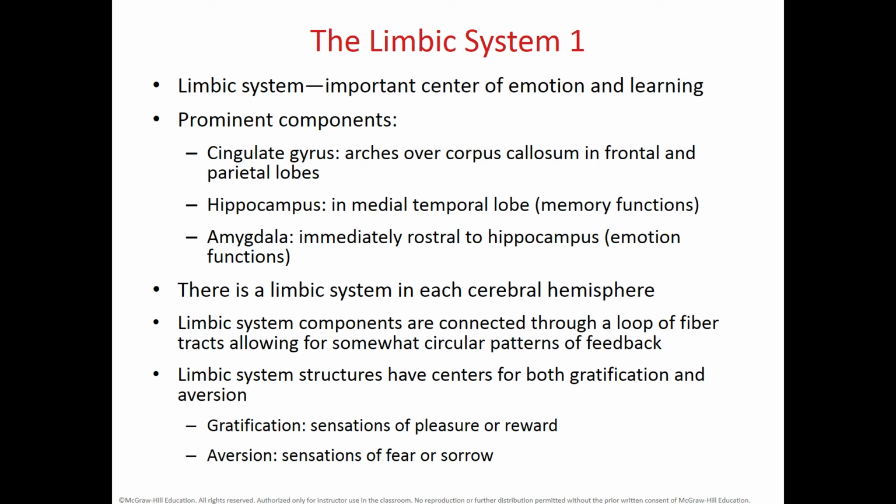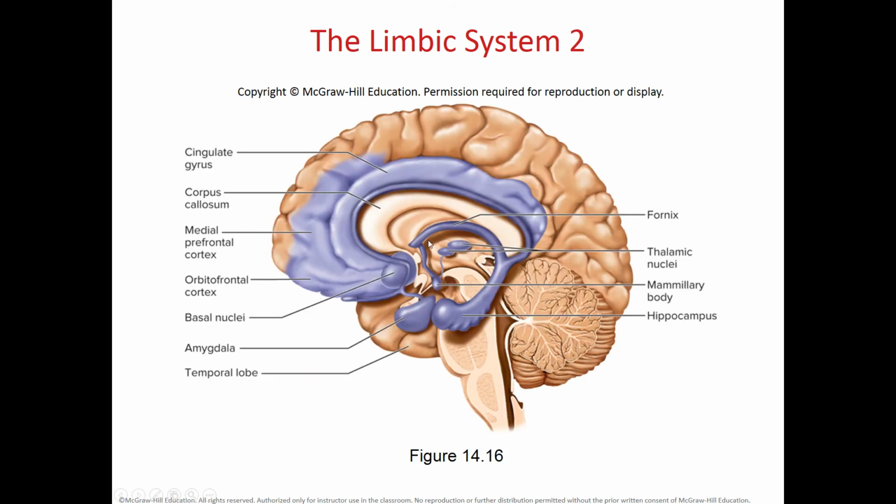Gratification is sensations of pleasure or reward, while aversion is sensations of fear and sorrow. Here are some of the components of the limbic system: the orbitofrontal cortex, the cingulate gyrus, the fornix, the thalamic nuclei, the hippocampus, and the amygdala, which all form a complex system.